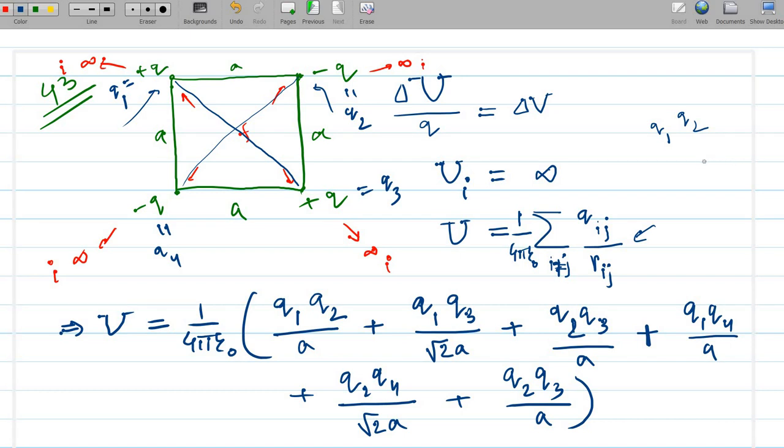If we did that, we would have double these terms, but we don't have to, because it's already been considered. The energy expended to bring Q2 here, we don't consider the reverse combination, because that is unphysical. Once you have brought Q2 here, you do not consider the energy to bring Q1 in the presence of Q2, because Q1 was at its position from the beginning. Q2 came later. That's the serial order we considered.